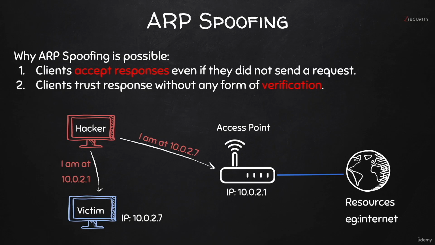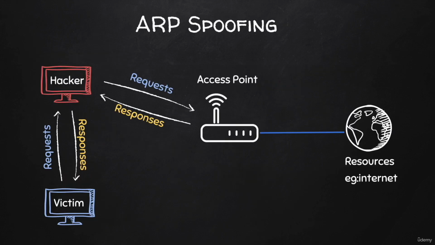Now that we know how ARP spoofing works, let's see how we can run this attack and redirect the flow of data so it flows through our device. This will allow us to intercept data and see everything sent to and from a target computer, including usernames, passwords, and so on.